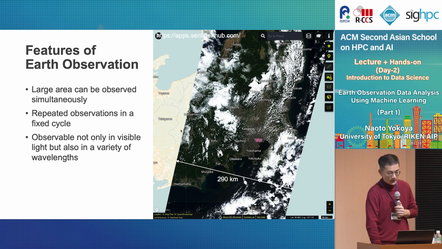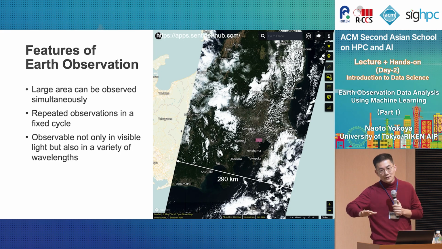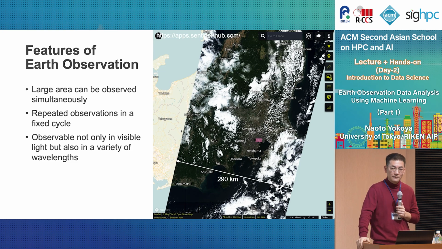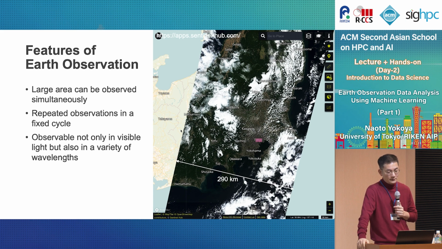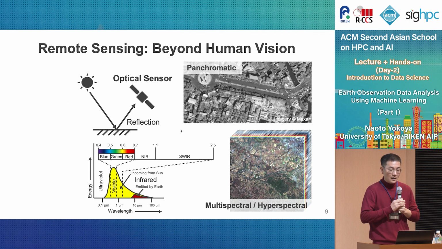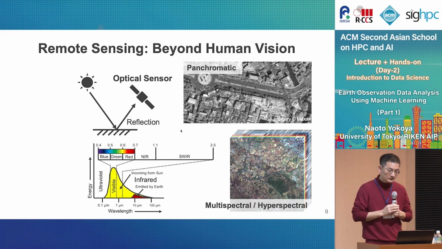Today, let us focus on data observing the land surface, but remote sensing is not limited to land surface. It's also useful for observing the atmosphere and so on. A very broad range of research fields is related, but for simplicity, let us focus on the common data for observing the land surface.